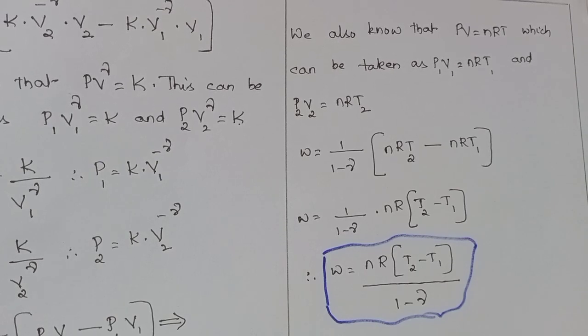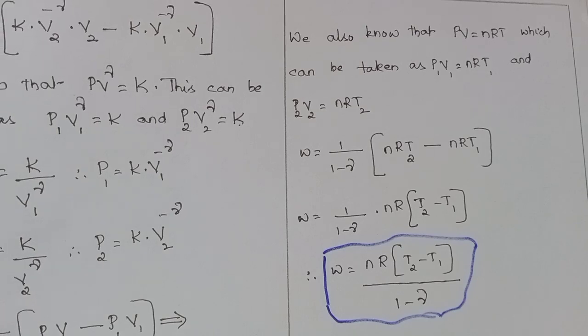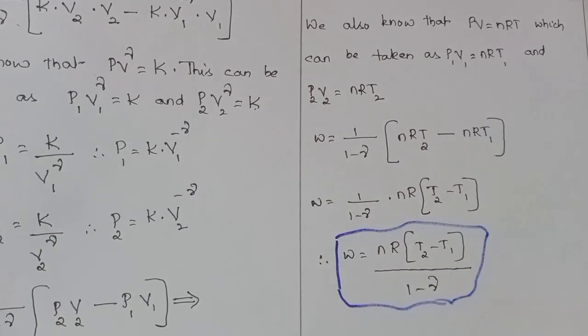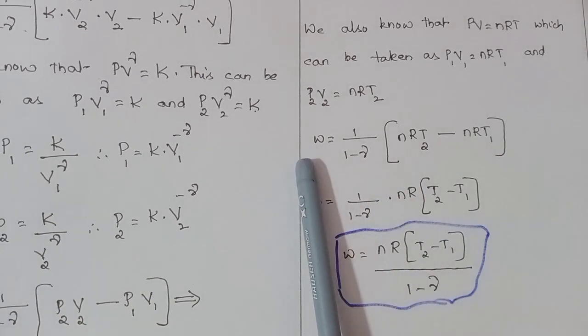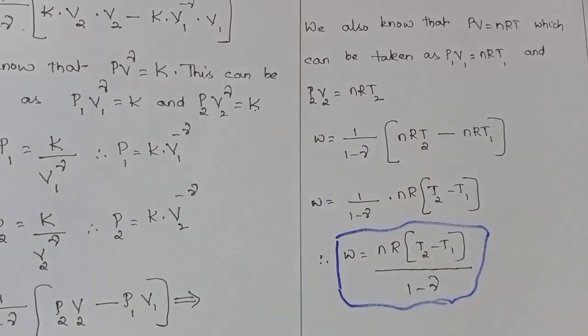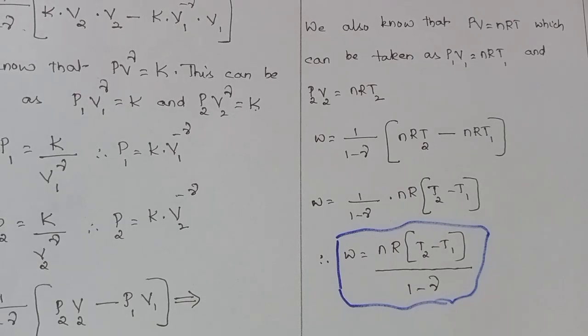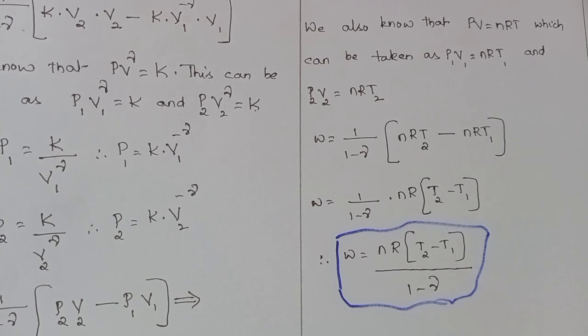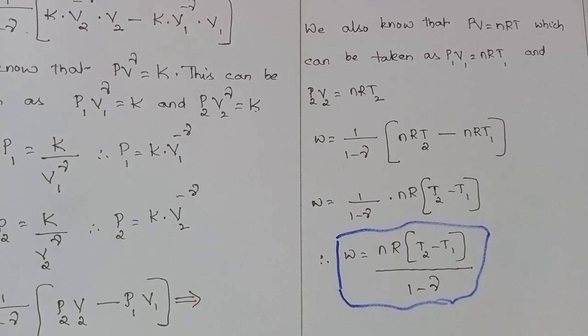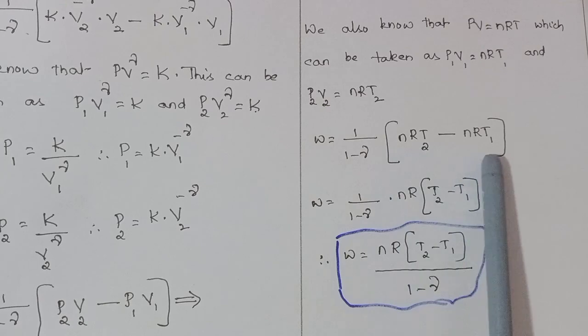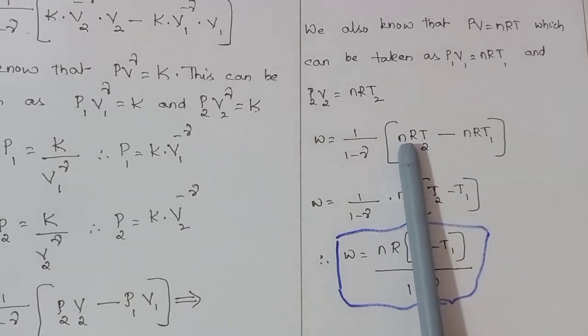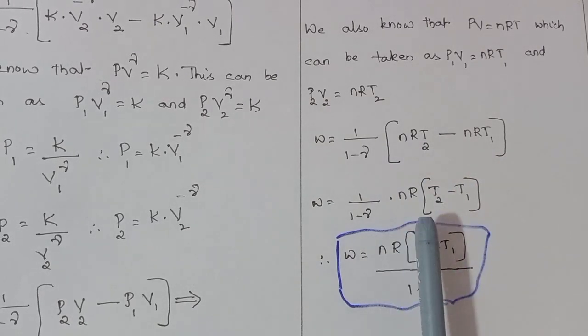Okay. Now, substituting these values in the above expression, we can write W is equal to 1 by 1 minus gamma. Now, P1 V1 is equal to nRT1, P2 V2 is equal to nRT2. So nRT2 minus nRT1. In both the terms we have nR common, so bring nR common out.